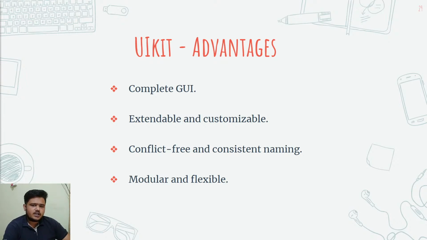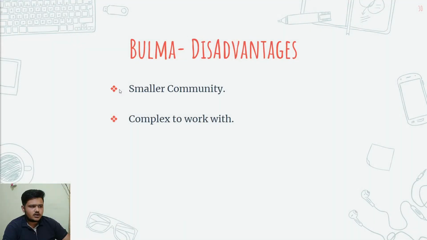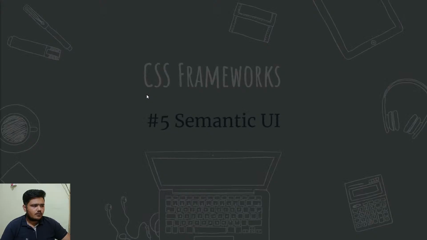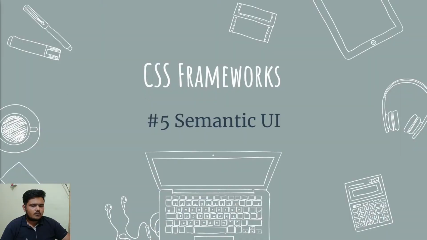Moving forward, we will be looking at some of the disadvantages of this particular framework. As we know, this framework is very new, so again the same thing: the development community is very small.